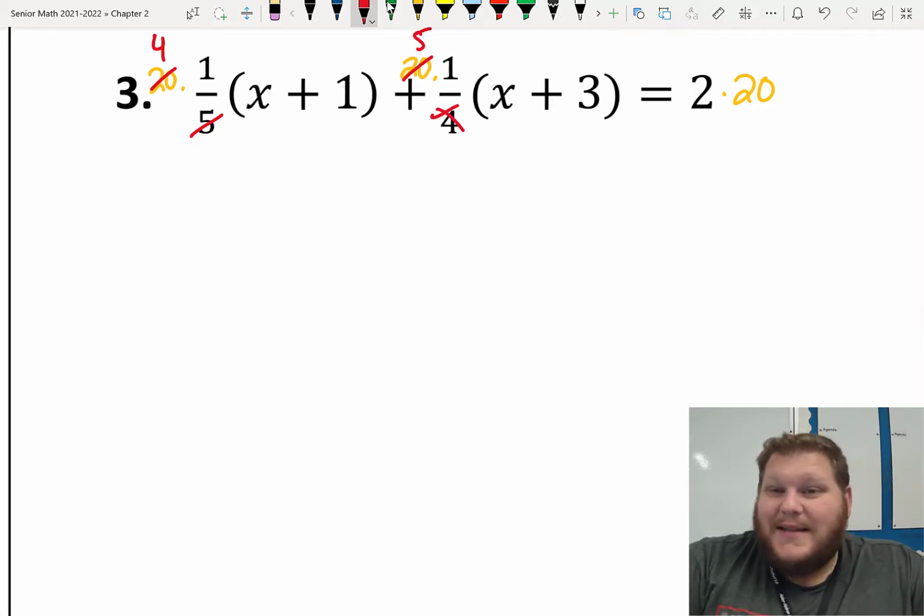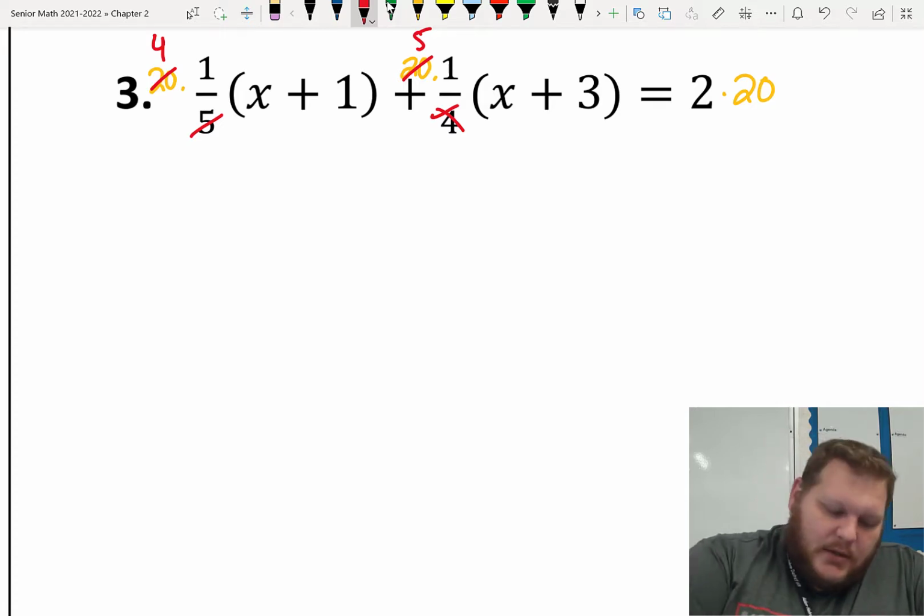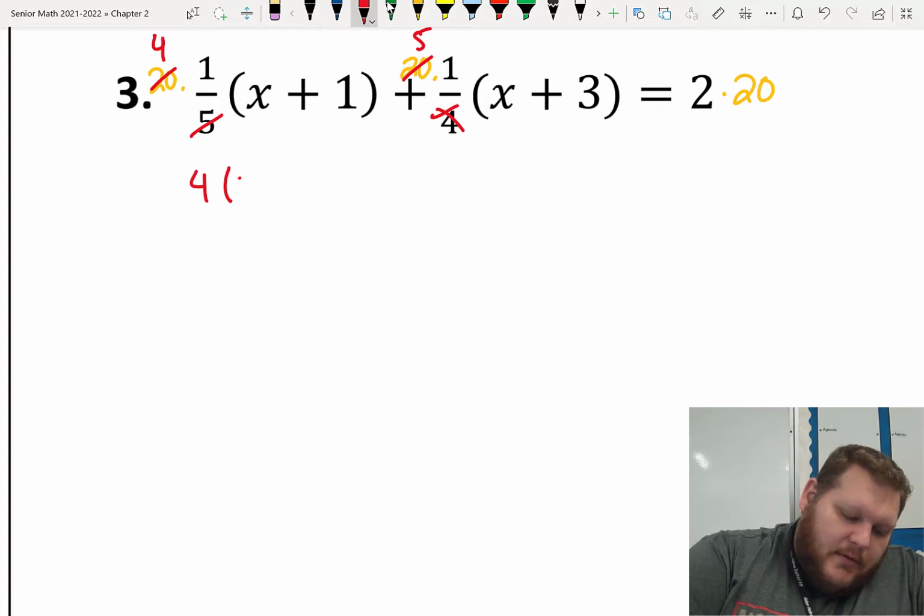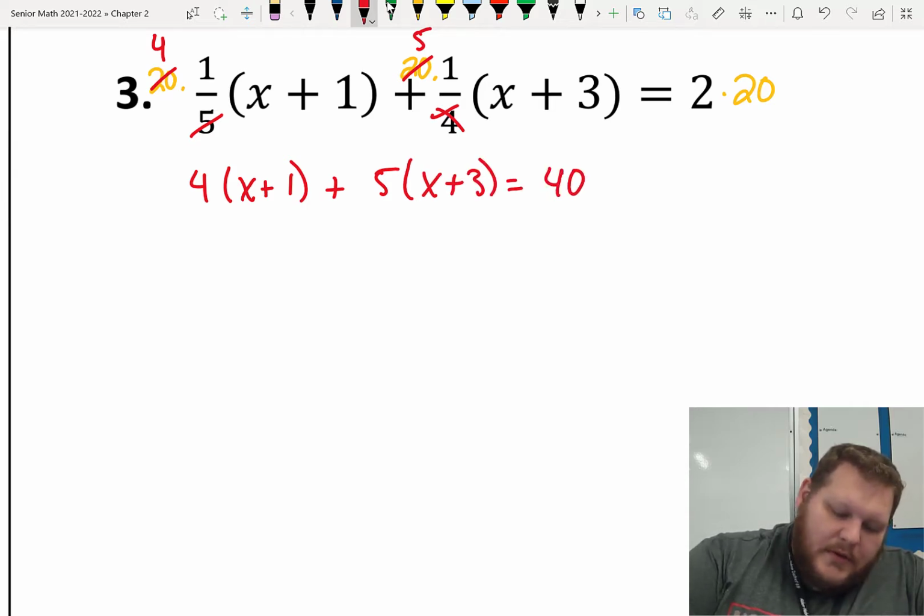And then on the right side, because I didn't have a fraction on that far side of my equation, it doesn't reduce anything, so it's just going to be 40 once I collect my like terms. So when I rewrite this, 4 times x plus 1, 5 times x plus 3 equals 40.